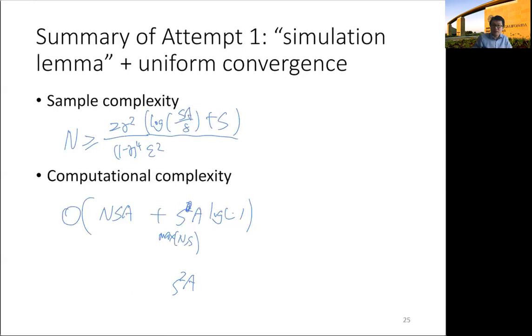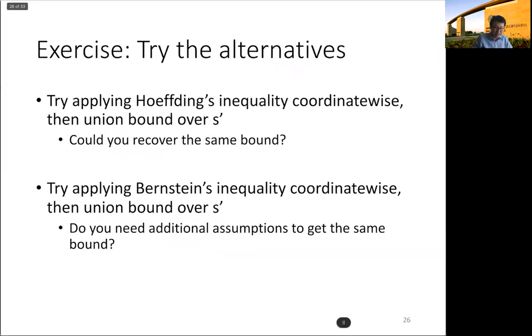Okay. The thing is that this is not the end of the story. This is not saying that this algorithm doesn't work, but rather that this particular approach that we analyzed, even though it has some delicate things that we can learn from, doesn't really give us a satisfactory bound. So maybe we should just try again. As an exercise, I encourage you to try applying Hoeffding's inequality coordinate-wise to every S prime, trying the other approaches: instead of using the McDiarmid inequality, use Hoeffding's inequality or Bernstein's inequality to see what you get.